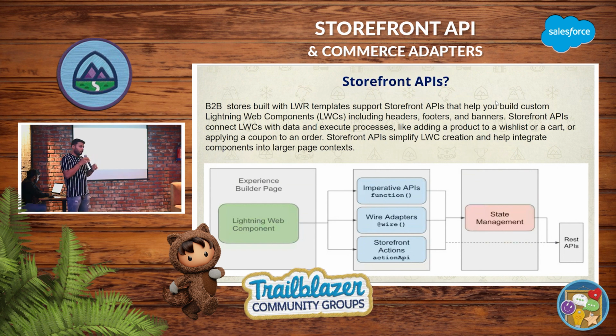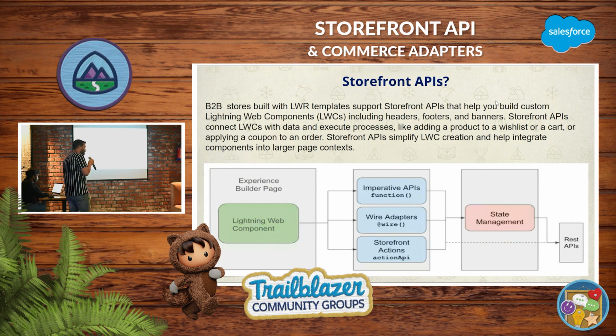For a B2B site, we majorly choose this LWR template, which is completely configurable, and we can use it as per our requirement. These storefront APIs work only with the LWR templates, not with the Aura templates. If we have previous Aura templates, these storefront APIs will not work with them. It will only work with the LWR templates.